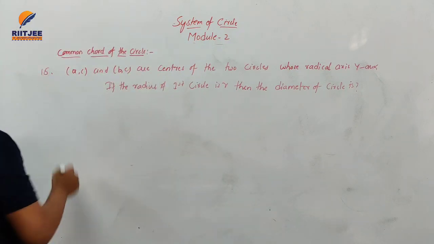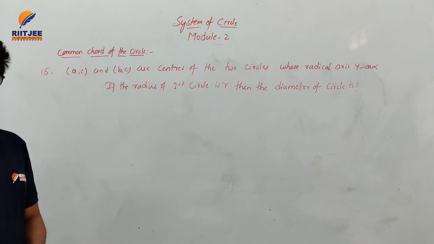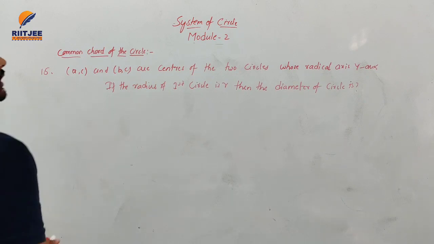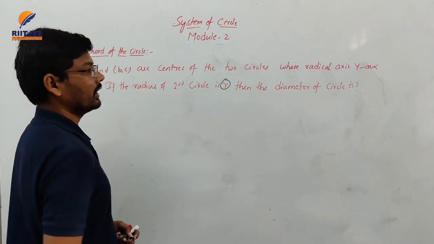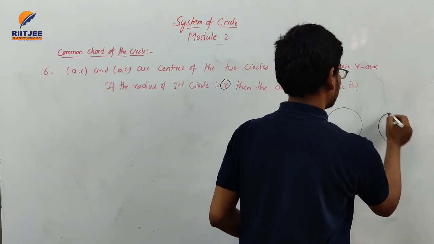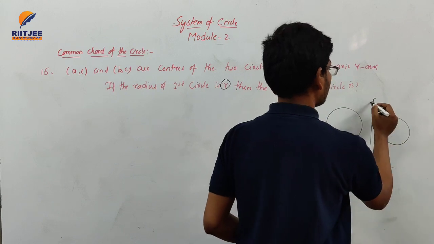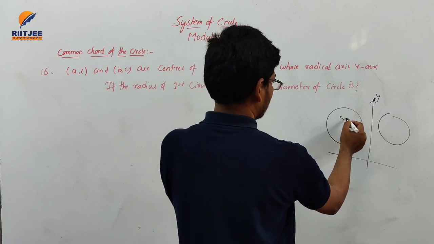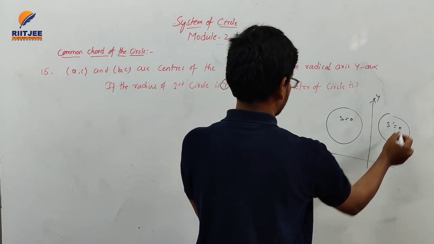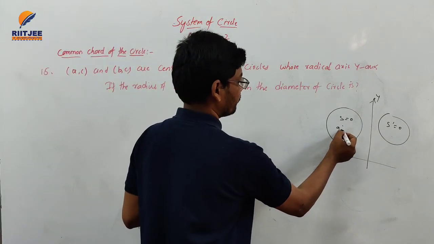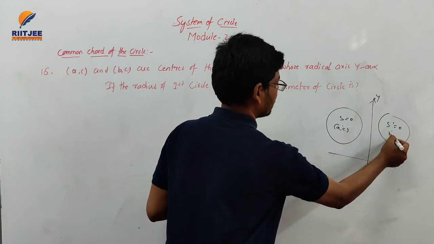It is given two centers of the circles, and the radius is given for the first circle, and whose radical axis is the y-axis. Radical axis for the two circles is the y-axis, x is equal to 0, and S dash is equal to 0 here. The centers are given, (A, C) and (B, C).